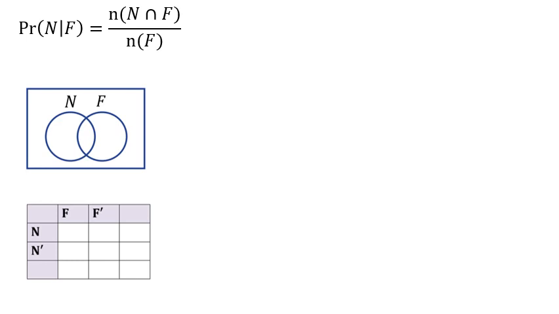Okay, so the probability of N, given that F has already occurred. If we look at the Venn diagram, F has already occurred. So then the probability of N, given that F has already occurred, is just this section here.